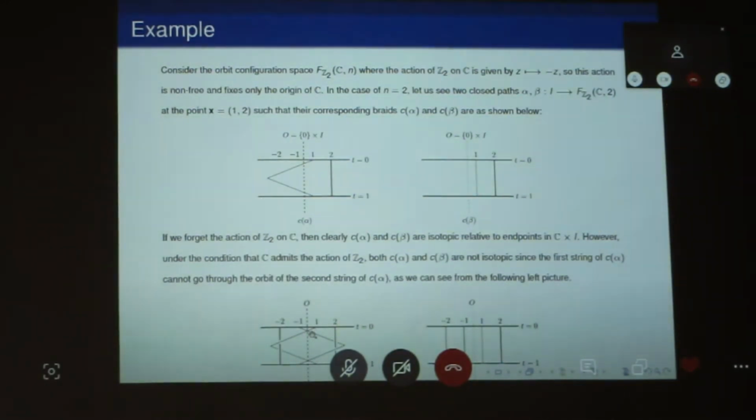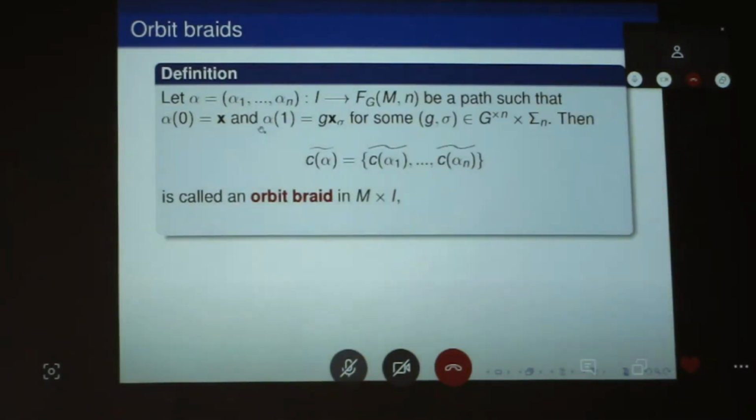In this case, this braid is not the same as this braid. So now we define the orbit braids.